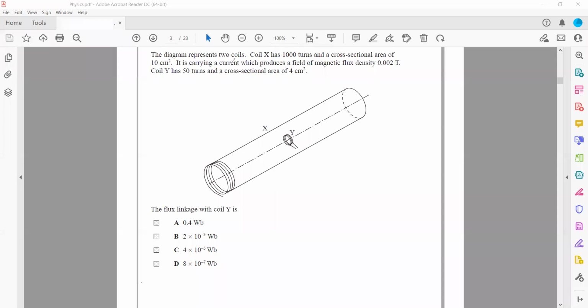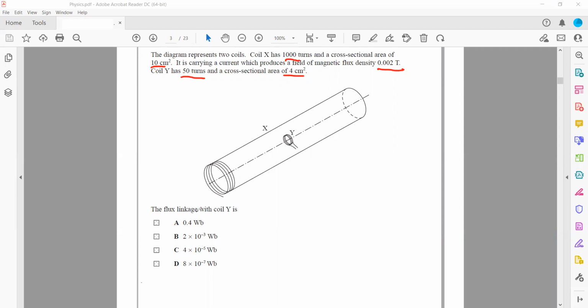So in this question, the diagram represents two coils. Coil X has 1000 turns and a cross-sectional area of 10 centimeters square. It is carrying a current which produces a magnetic flux density, or strength of magnetic field, of 0.002 Tesla. Coil Y has 50 turns and a cross-sectional area of 4 centimeters square.